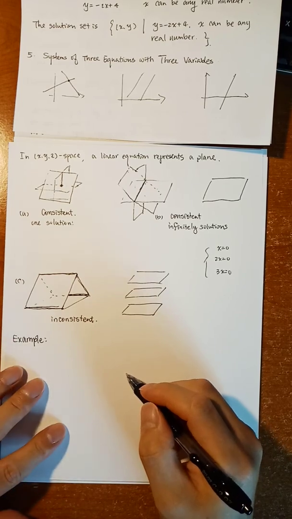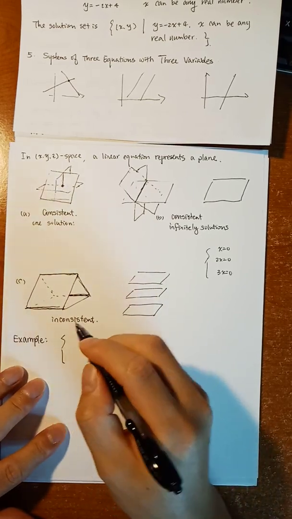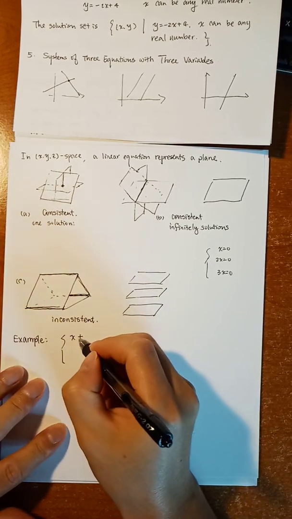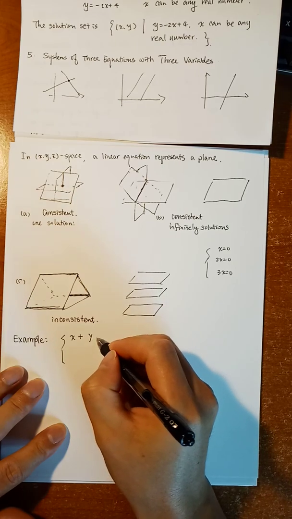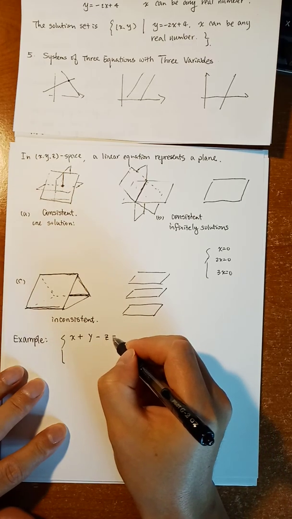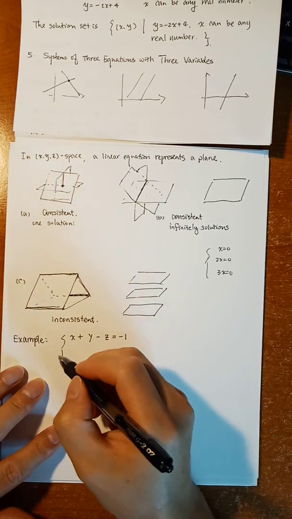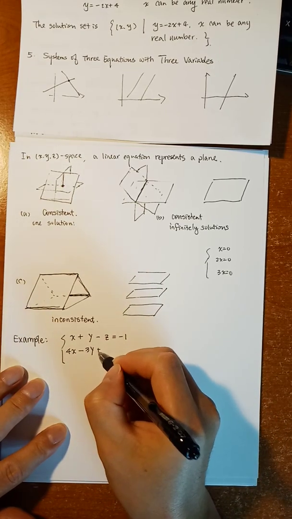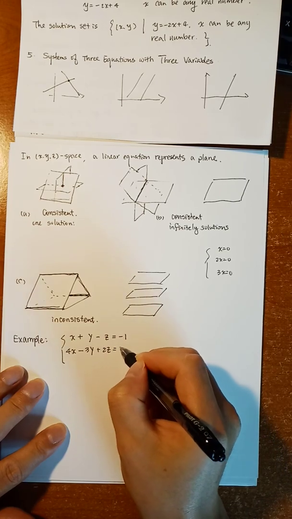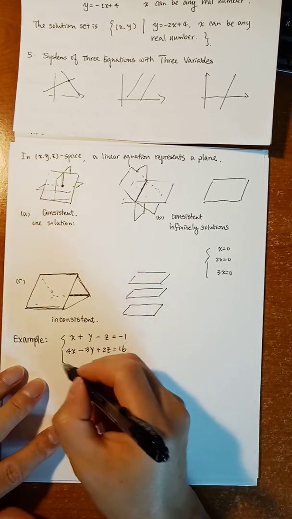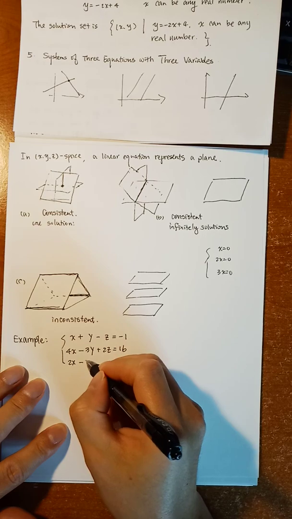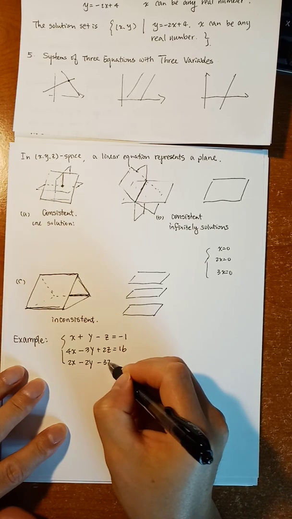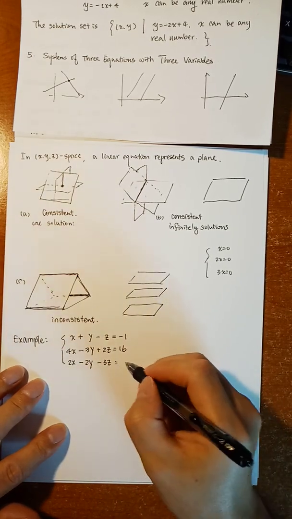So we have a system of 3 equations with 3 variables. x plus y minus z is equal to -1, and 4x minus 3y plus 2z is equal to 16, and 2x minus 2y minus 3z is equal to 5.